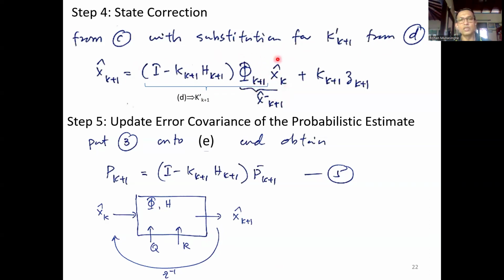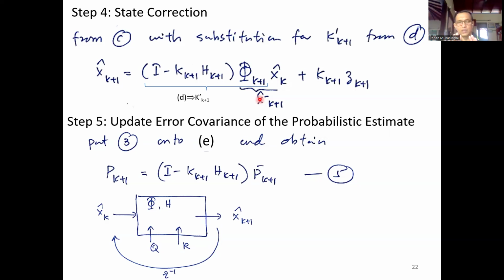This whole thing is actually x hat minus k plus 1. This is the predicted value, as I said earlier: the predicted value from the previous state to the present state only by using the state transition, without considering the unmodeled dynamics of the plant or the sensor part.